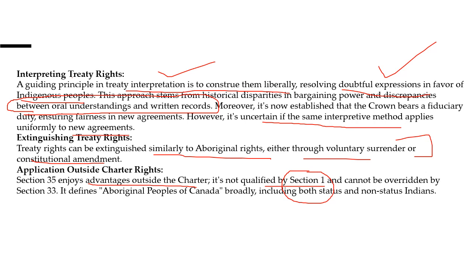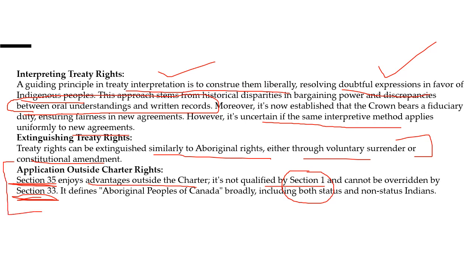But these section 35 Aboriginal rights and treaty rights have been kept outside the Charter. Also, section 35 can never be overridden by section 33. So this is the unique status.